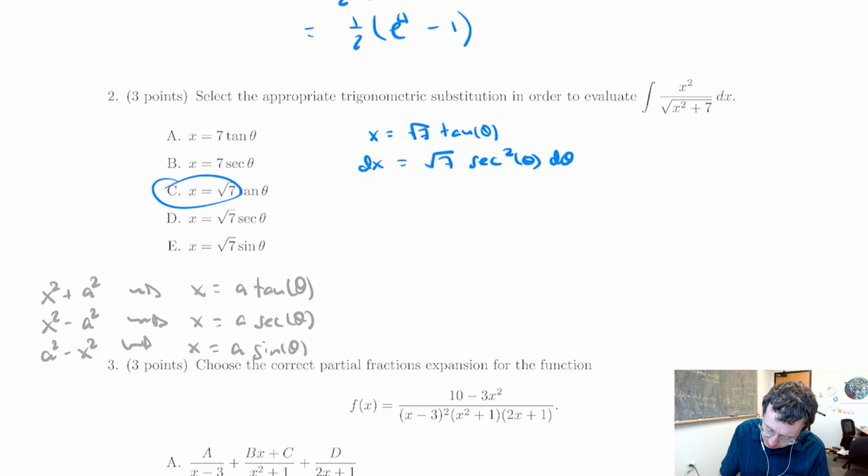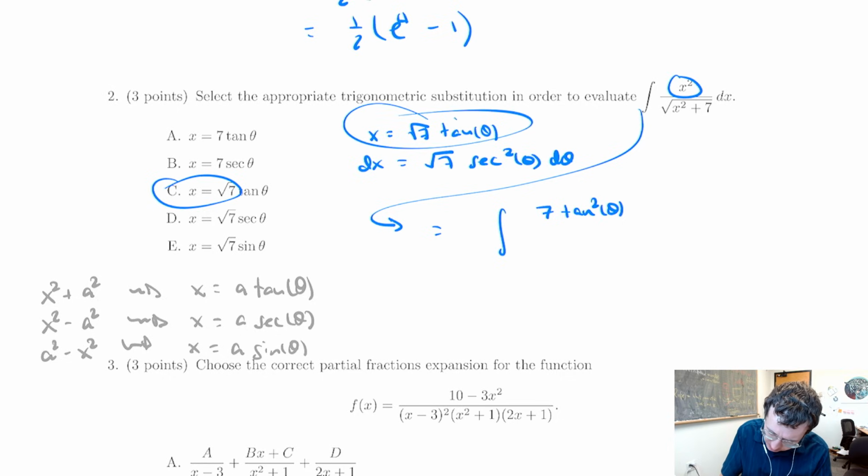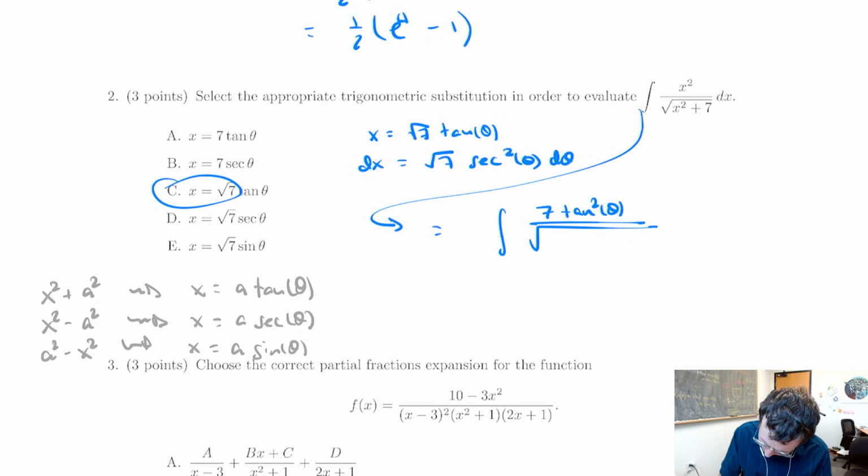So my integral is going to become 7 tangent squared of theta, that's x squared, I just squared this thing, over the square root of, again, x squared, which is 7 tangent squared theta plus 7.